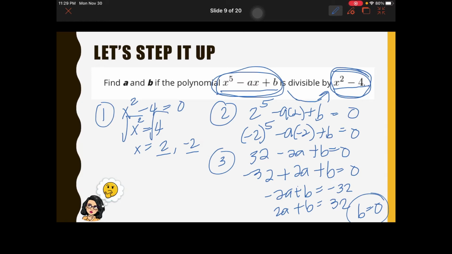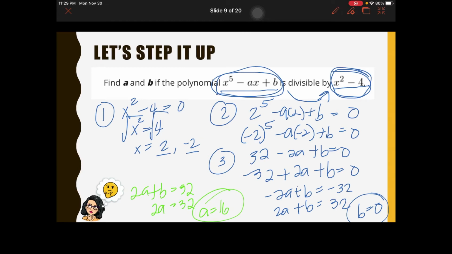So let's change color. 2a plus b is equal to 32. Dahil po ang b ay 0, we will just have 2a is equal to 32, which will give us a value of 16. So, yan na po ang ating final answer. Nakuha na natin ang b and a. So, sana tama po ang nakuha nyong sagot sa ating challenge question.